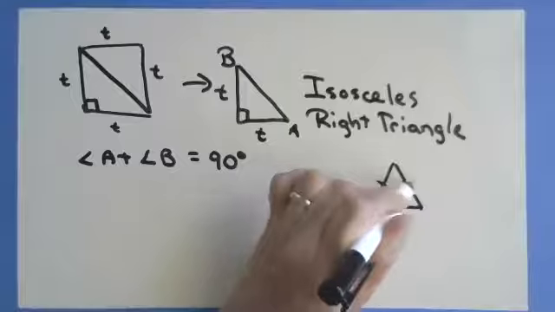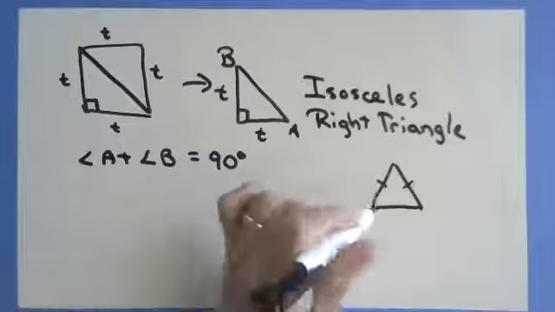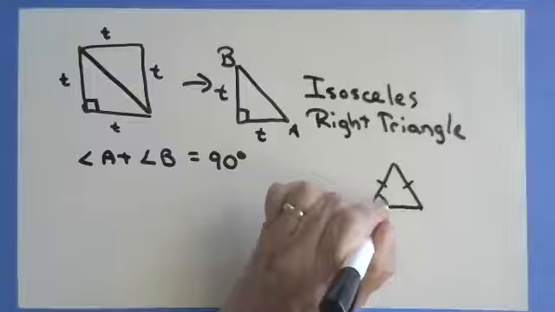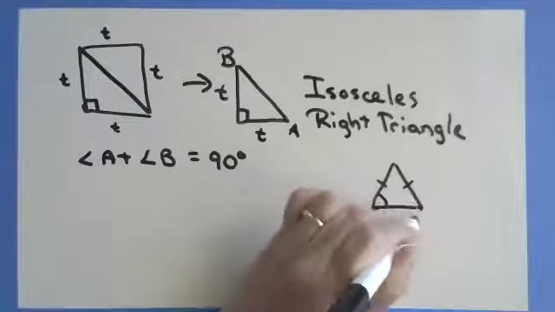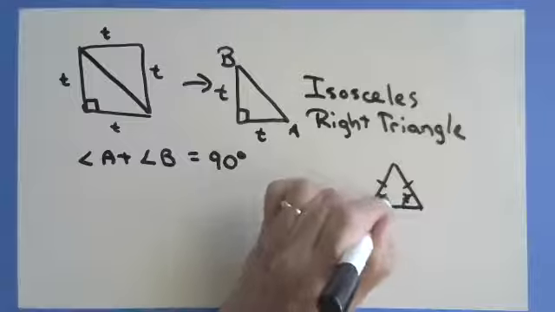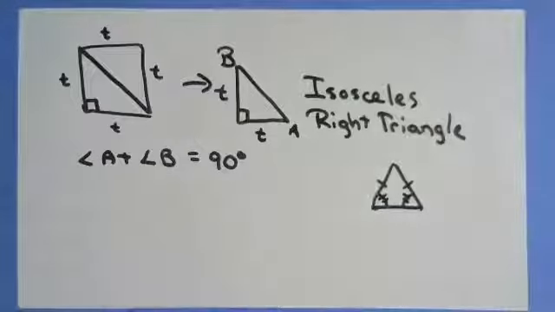If this side and that side are congruent, then this third side is called the base, and these two angles are called the base angles, and they are congruent, or the same measure as each other.